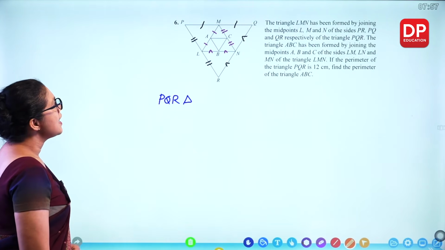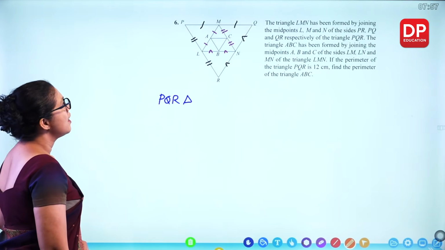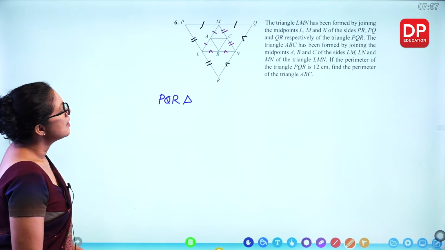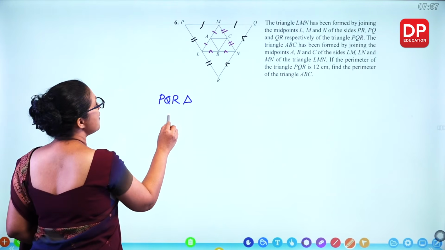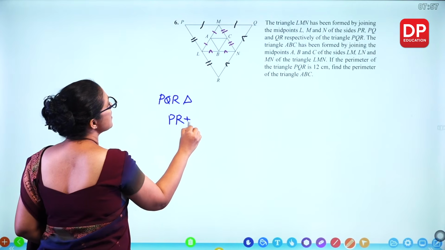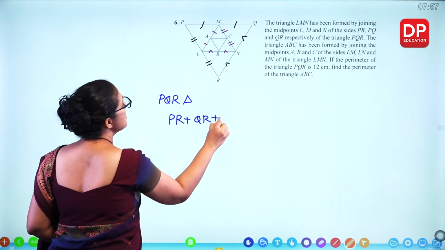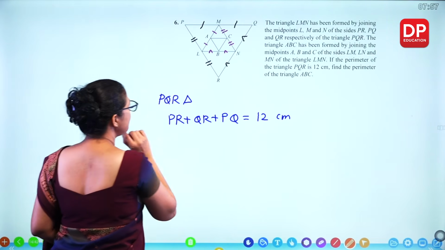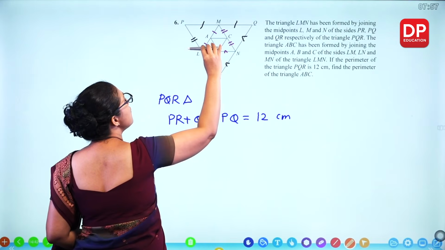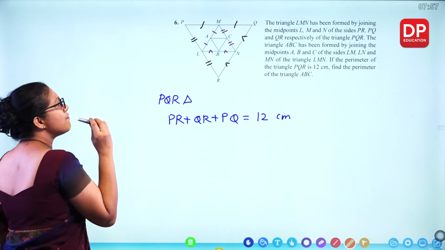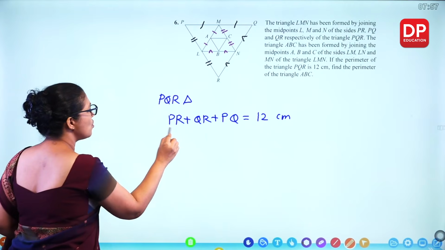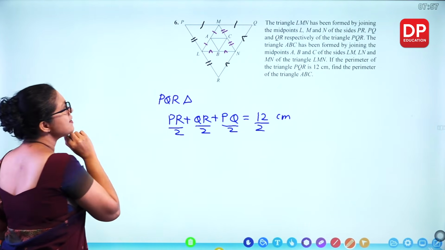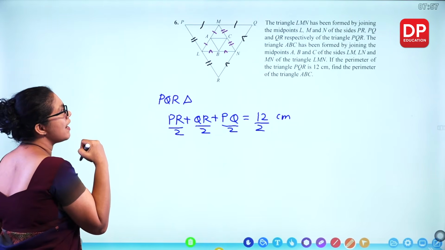So when you take the PQR triangle, we know the perimeter is 12. So I can write PR plus QR plus PQ is 12 centimeters. I can find easily, by dividing the whole equation by 2, the perimeter of the LMN triangle.